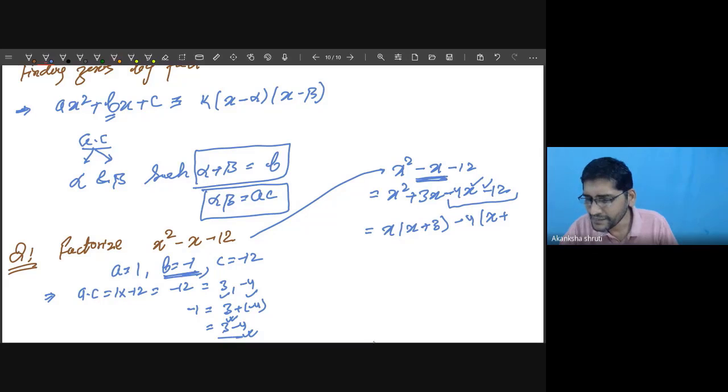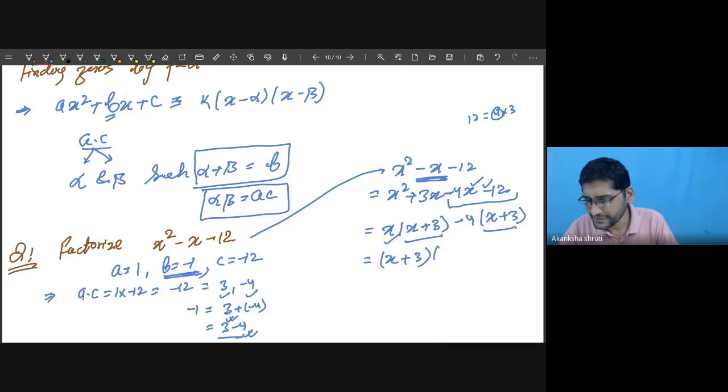Here 12 can be written as 4 into 3. So this 4 we have taken out of the bracket, and what is left here is 3. Okay, student, so you should be careful. This way we observe that the entire bracket is common, so this x plus 3 can be taken out.